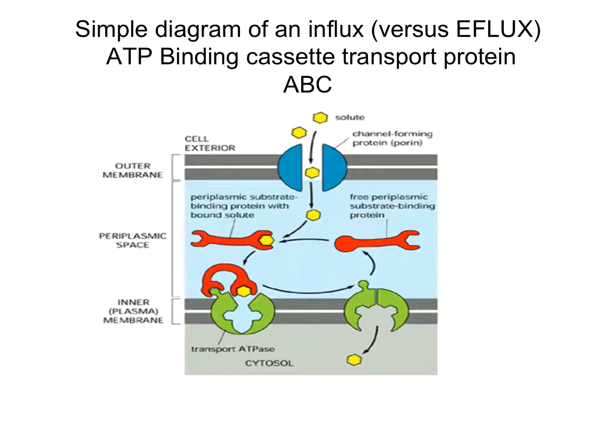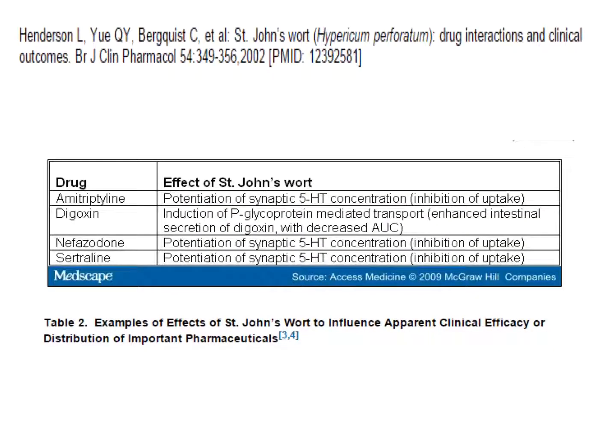That's the cassette binding, so you get a conformational change, and boom. These are very important things that we know St. John's wort interferes with here. So amitriptyline, digoxin, that's kind of scary, and some other ones there too.